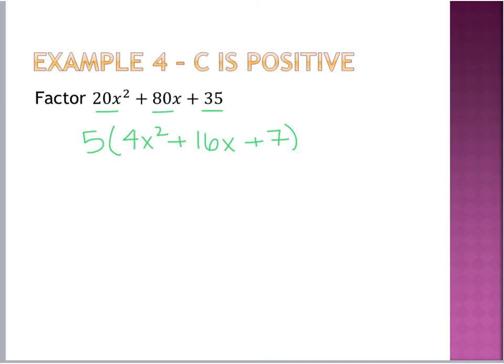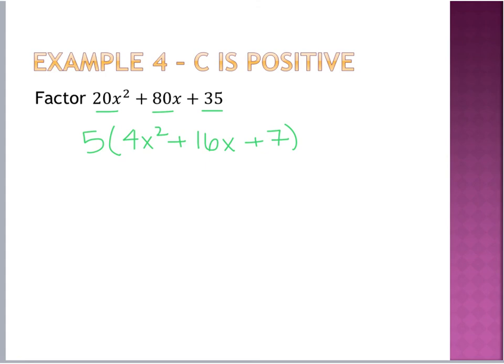Notice that by taking a 5 out, I made my trinomial way easier, because 7 is a prime number, so I've only got 1 and 7 as factors, and 4 has 2 and 2, or 4 and 1 as factors, whereas for 20, I would have 1 and 20, 2 and 10, and 4 and 5.